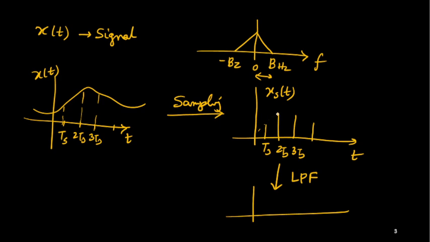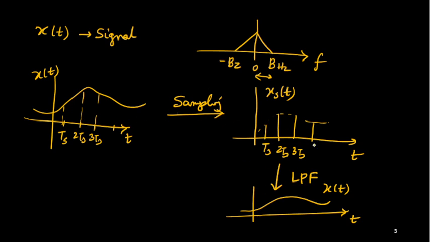This one is the envelope, and we can extract it here. We can get back exactly the x(t) signal. So what is the condition so that we will be able to extract this x(t) signal through a low pass filter, and what will be the cutoff frequency for the low pass filter? From here questions are coming.